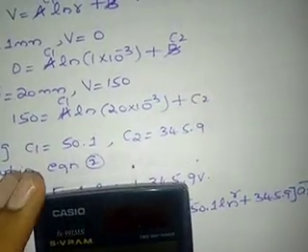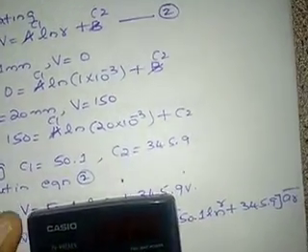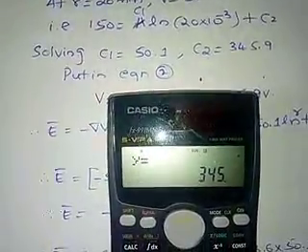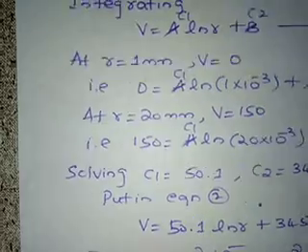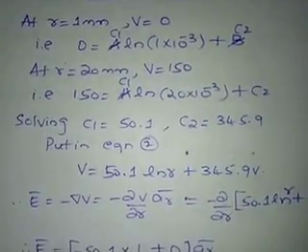So we get C1 is 50, then C2 is 345. Okay, C1 is 50 and C2 is 345. So approximately C1 is 50.1 and C2 is 345.9.